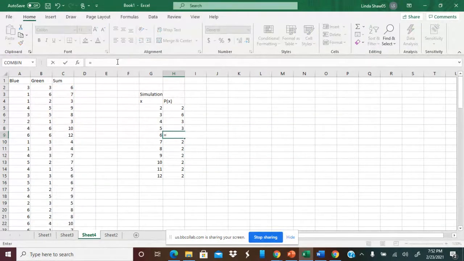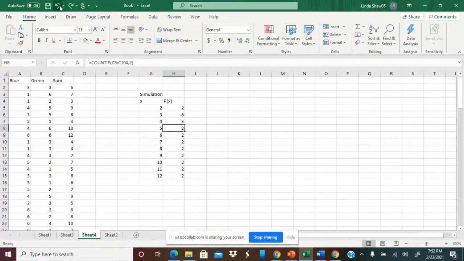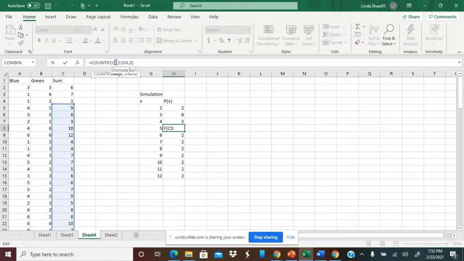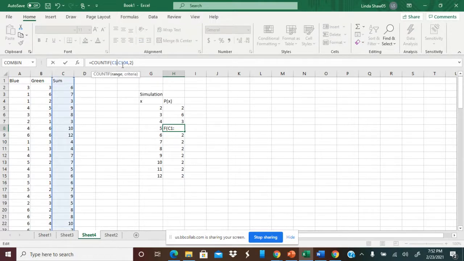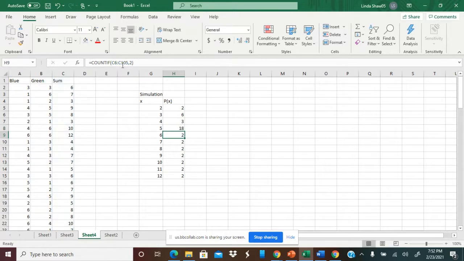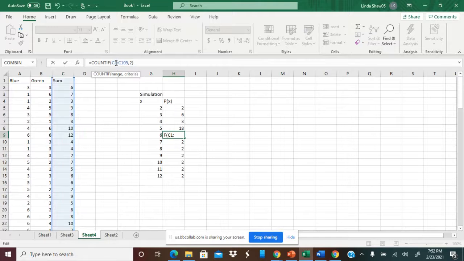Eventually. Hold on. I promise it really is more work to try to count them. Now, what she's putting in this PX column is not PX, it's something else, okay? It's just counting how many times it happens, but then she's going to divide this all by 100.